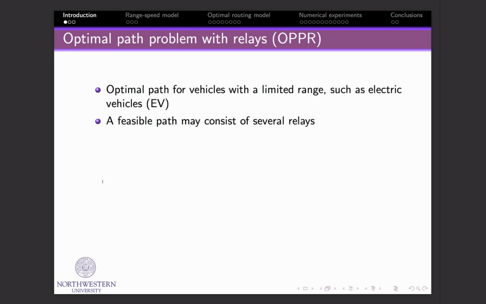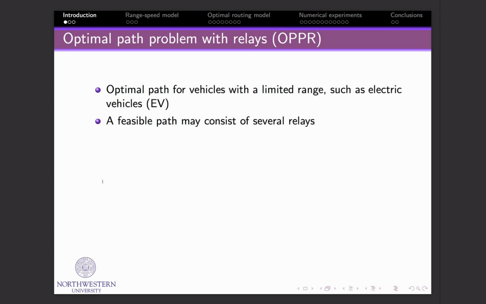For such vehicles, if the trip distance exceeds a range limit, the vehicle may have to be refueled at designated stations to continue the trip. Since a feasible path may thus consist of several relays, this problem is called the optimal path problem with relays.